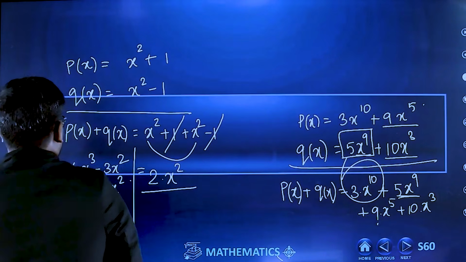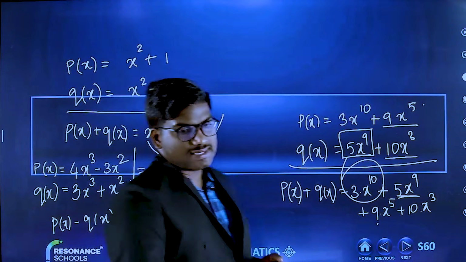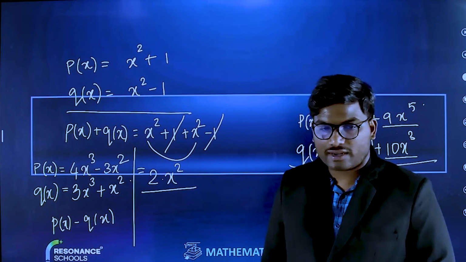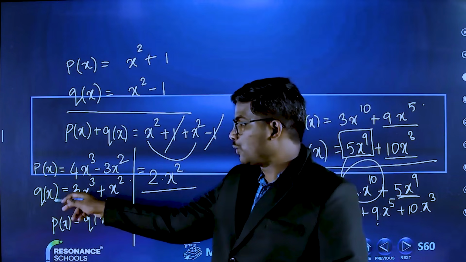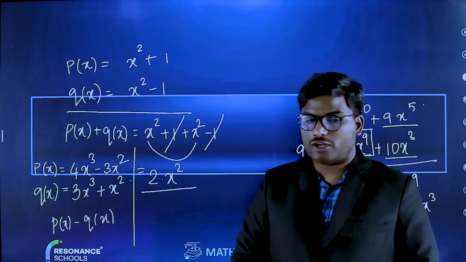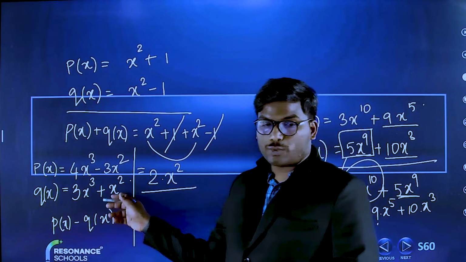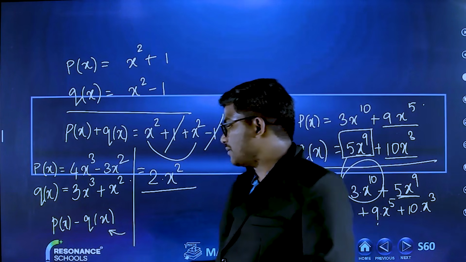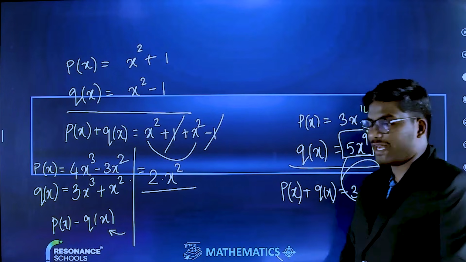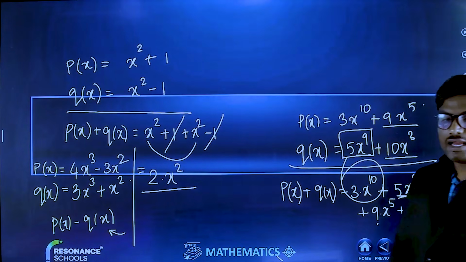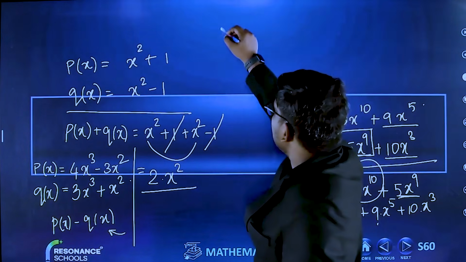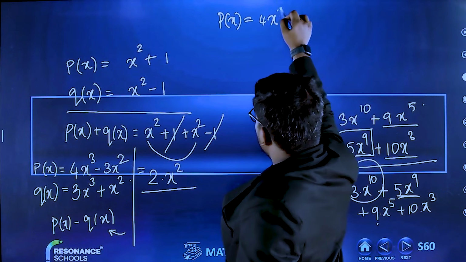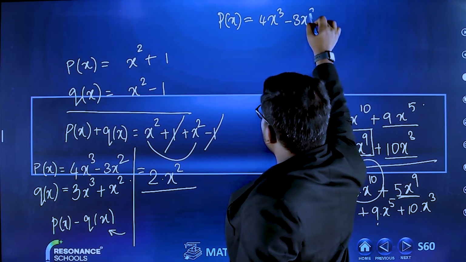If p of x is one of my polynomials and p of x is equal to 4x cubed minus 3x square, and q of x is my second polynomial, which was 3x cubed plus x square, we need to find the difference of p of x and q of x. How do we do that? P of x is 4x cubed minus 3x square.